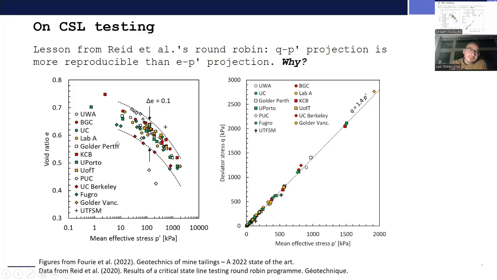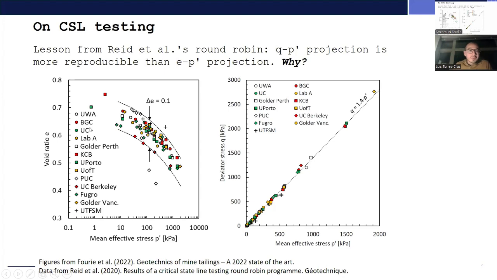I believe the conclusion that one has to draw from this is that the key to getting a reproducible critical state line is proper measurement of the void ratio, because the void ratio is not involved over here. So long as the labs don't have to measure the void ratio, they can all agree, right?